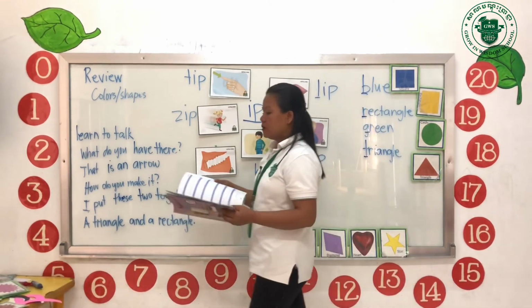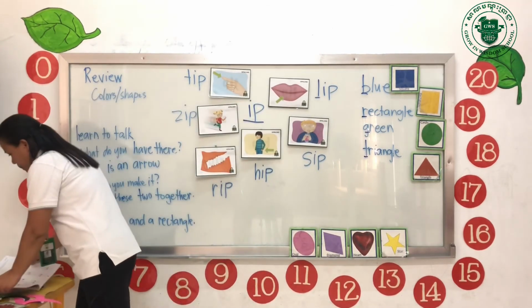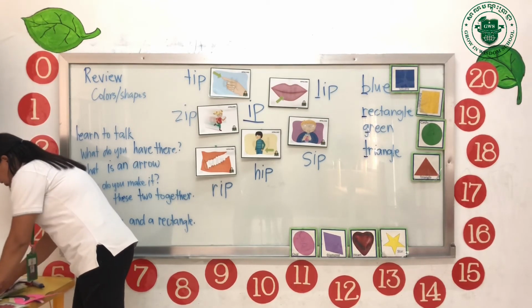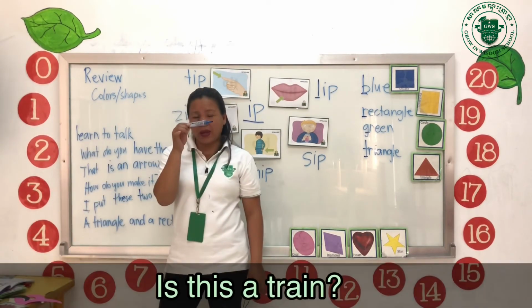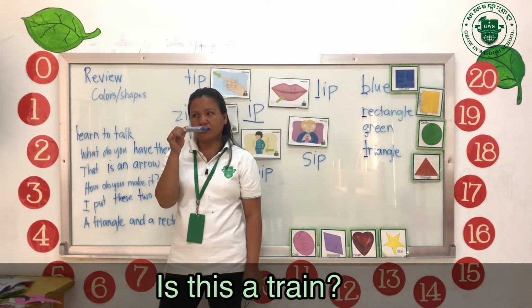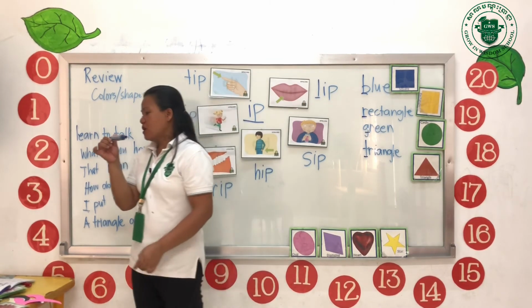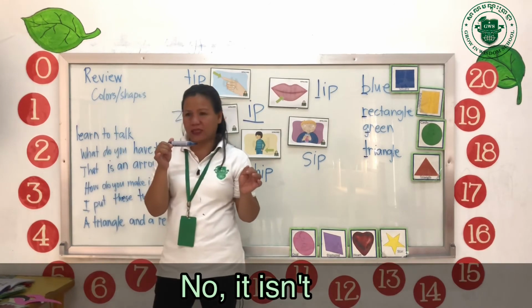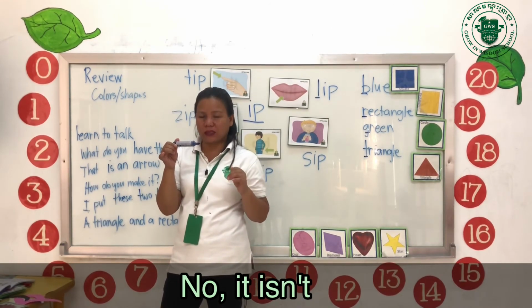Now, let's learn more about the grammar. Okay. Is this a train? You can say no, it isn't. Again, repeat. No, it isn't.